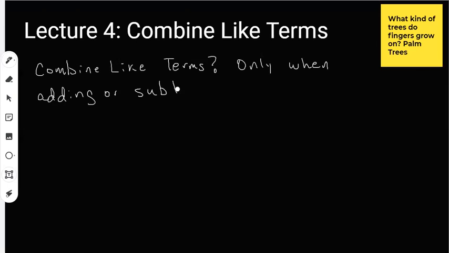So only when you're adding or subtracting, that's when you're going to be combining like terms. So not when you're multiplying, not when you're dividing, not when you're taking something to a power. The only time that you combine like terms is when you're adding or subtracting.